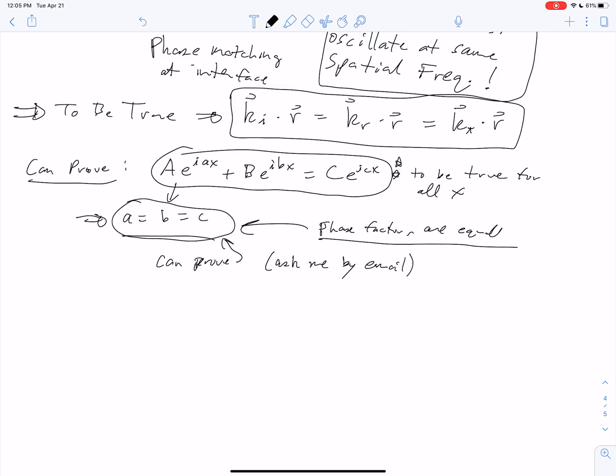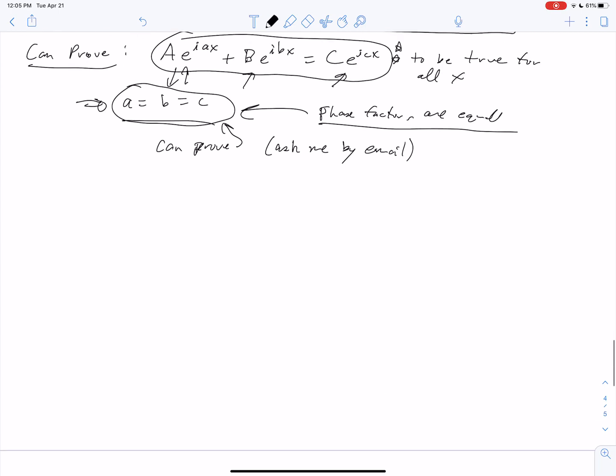Okay, but let's just assume it's true: for this wave plus this wave to equal this wave, the phase factors must be the same. And let's assume that that's true, because then it leads to some very powerful insights.